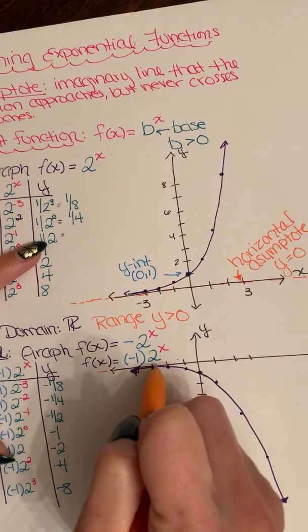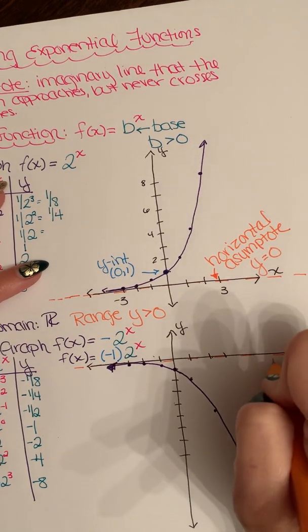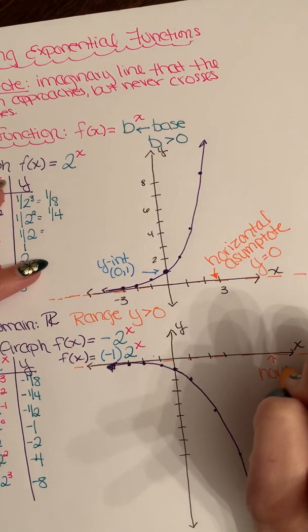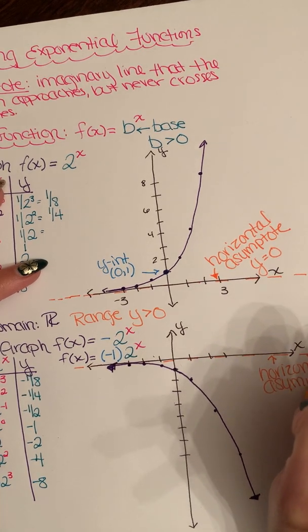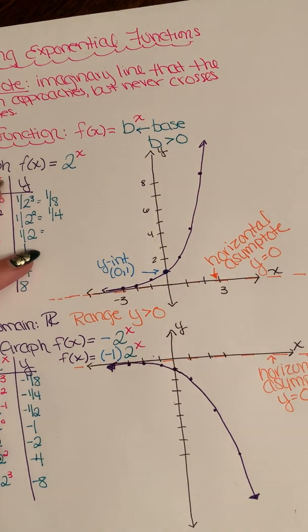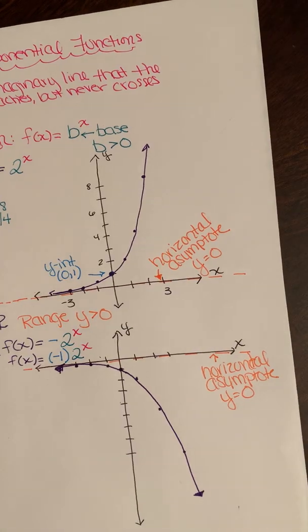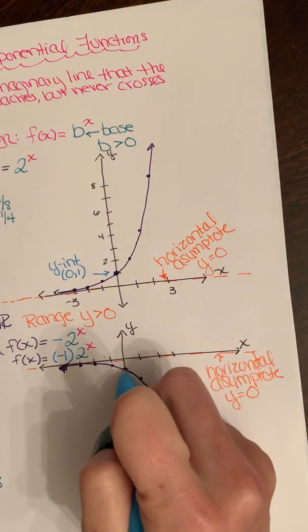So that means that my horizontal asymptote is at y equals 0. Sorry. So what else do we know about our function?